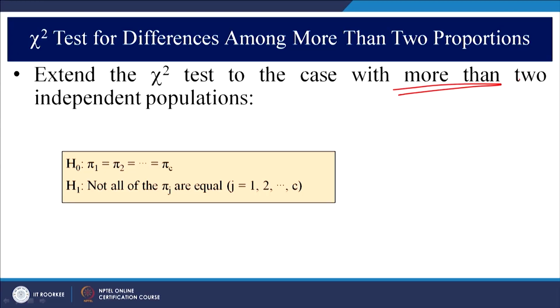If you want to compare these 3 proportions, what should you do? Again, you can apply chi-square test of goodness of fit, right. So, you will say that null hypothesis is all these proportions are same and they are not same is alternative hypothesis.